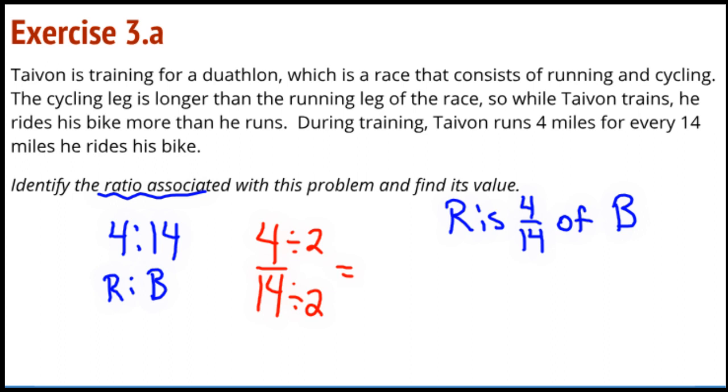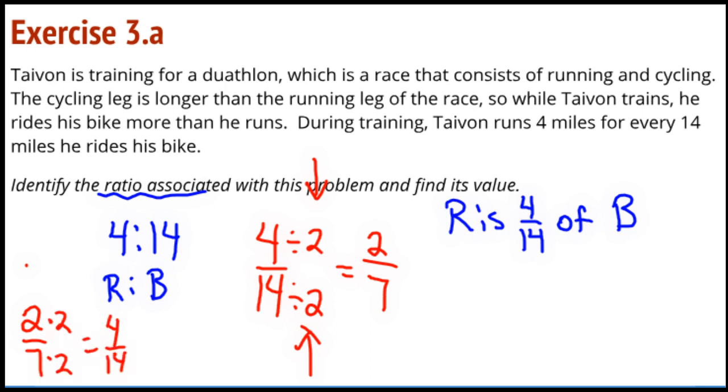And 4 divided by 2 is 2, and 14 divided by 2 is 7. So I can find it using division. This is our little c, except instead of multiplying, like with 2 7s, we were multiplying both parts by 2 and getting 4/14. Now we're using the operation of division.